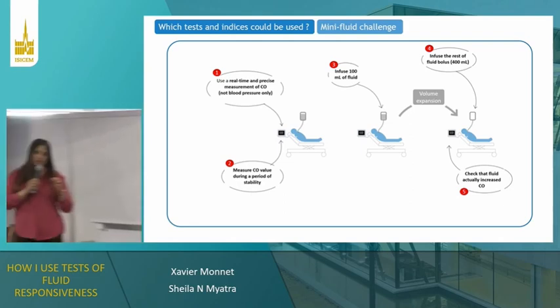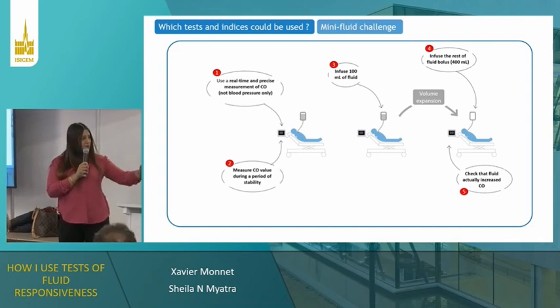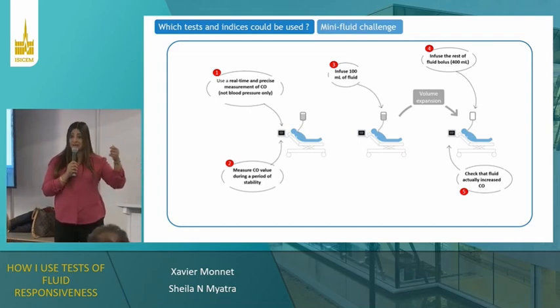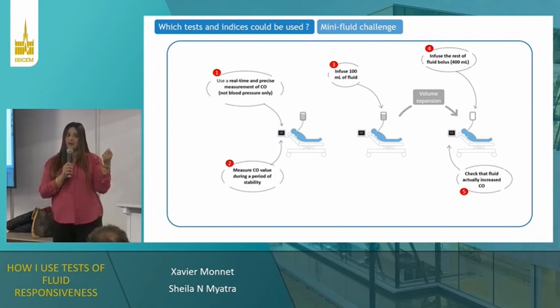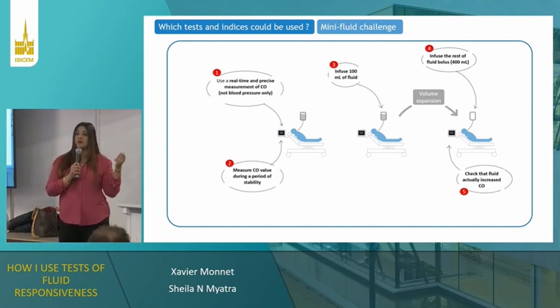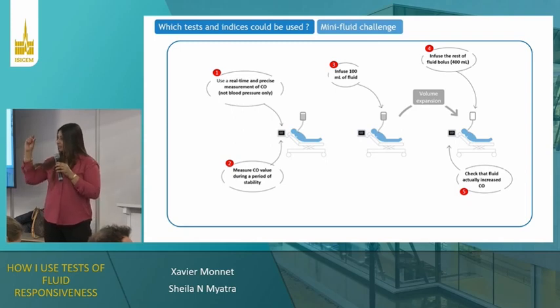You want to comment on that, Sheila? I just said the volume you give is less, but to assess the response, I think you would use echo, right? You'd use VTI. It's a very small volume, so you have to be an expert in echocardiography. So I would not call it easy, really. I would say giving that 100 ml is very easy. But I am not very good at detecting that small difference in the VTI.